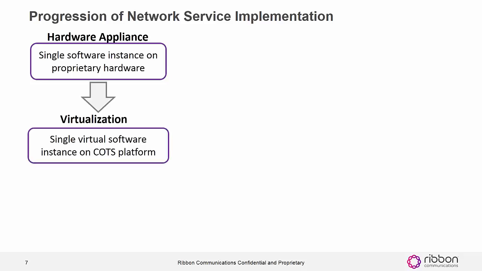So again, it's moving to virtualization. So we take that single software instance that ran on proprietary hardware. Now we run a single virtual software instance on a commercial off-the-shelf platform. So that's actually already been happening. Matter of fact, it's been happening for years. This isn't new. People have already been deploying virtual applications running on software in data centers for a while.